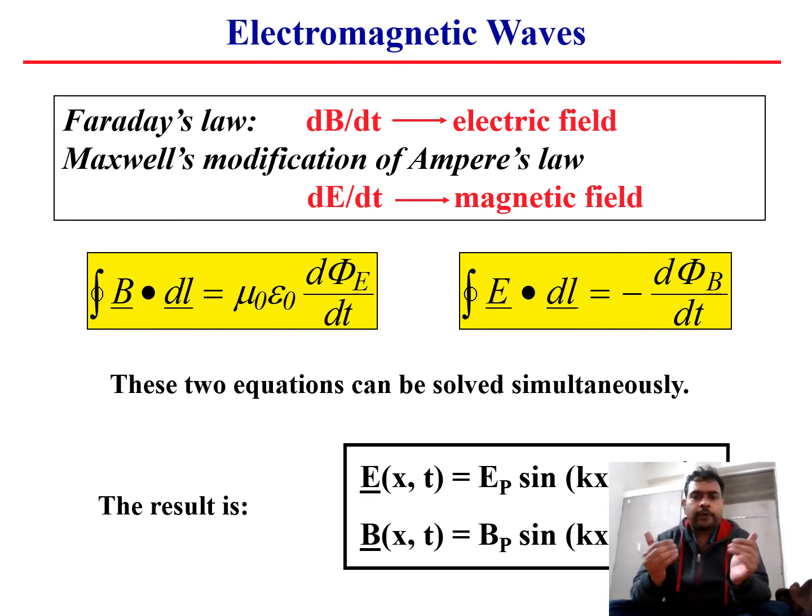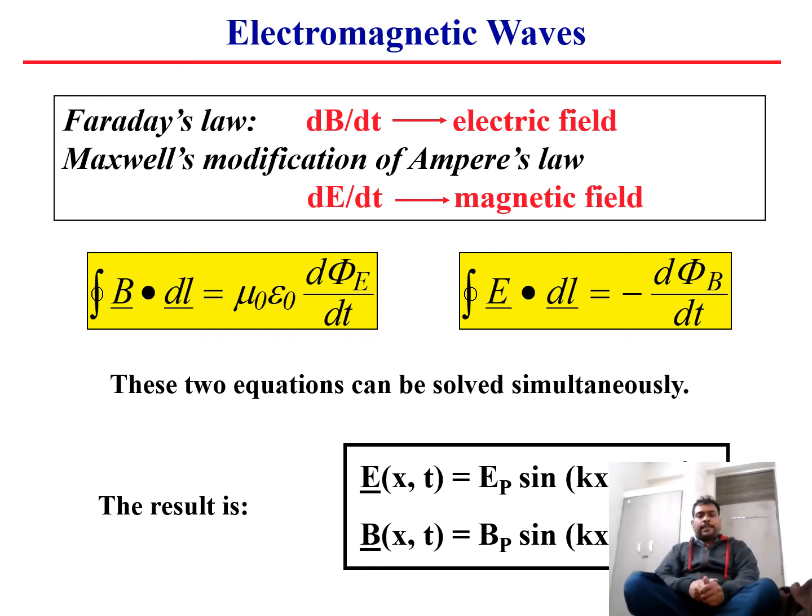If we solve these two equations simultaneously, we will get these two equations for the electric field and magnetic field: E(x,t) is equal to E_P sin(kx minus omega t) in the j unit vector, and B(x,t) is equal to B_P sin(kx minus omega t) in the z unit vector.